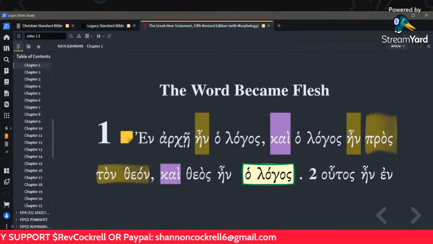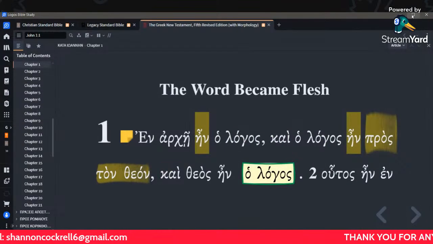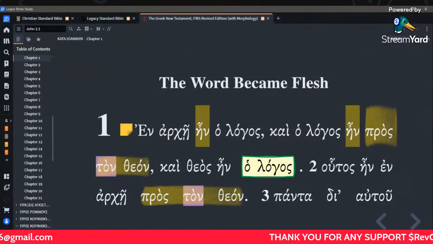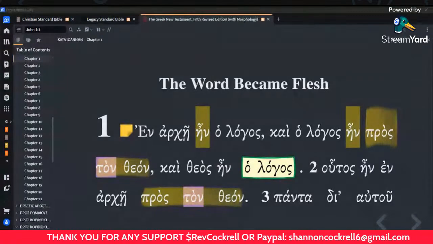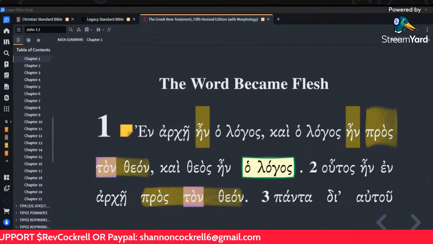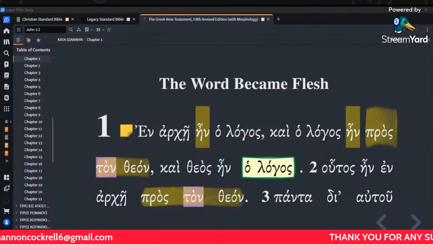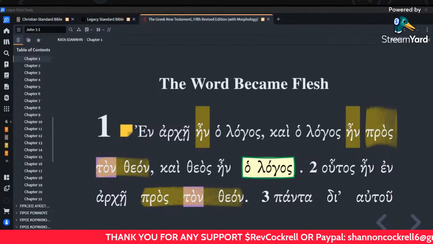In John 1:1, en archē ēn ho logos. Logos here is the subject of this clause, of this sentence.